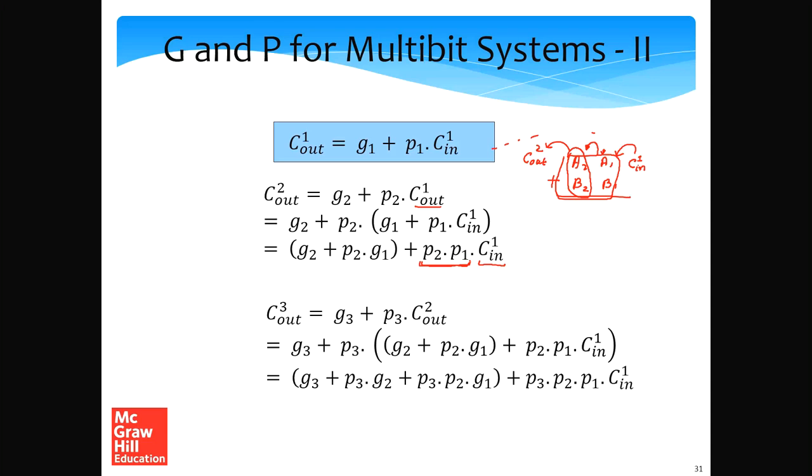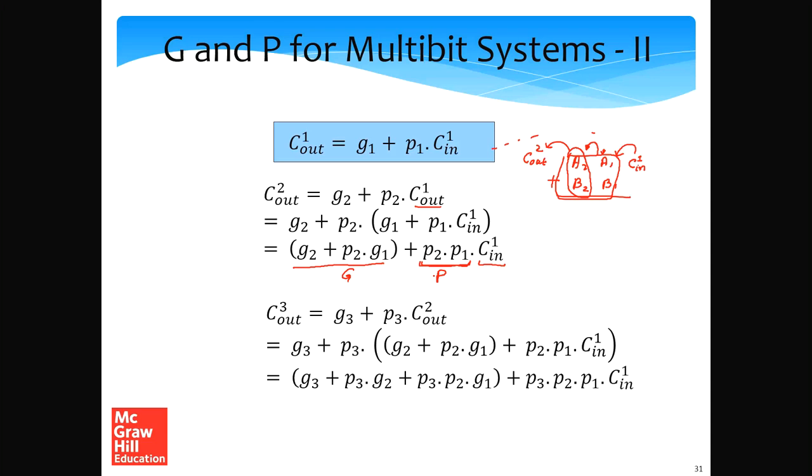So that's the reason for the AND function. And a nice way of understanding a generate is that either the last pair, the second pair, is generating, or the first pair is generating and the second pair is propagating, right? So this can be considered as the generate for the 2-bit pair and this as the propagate.